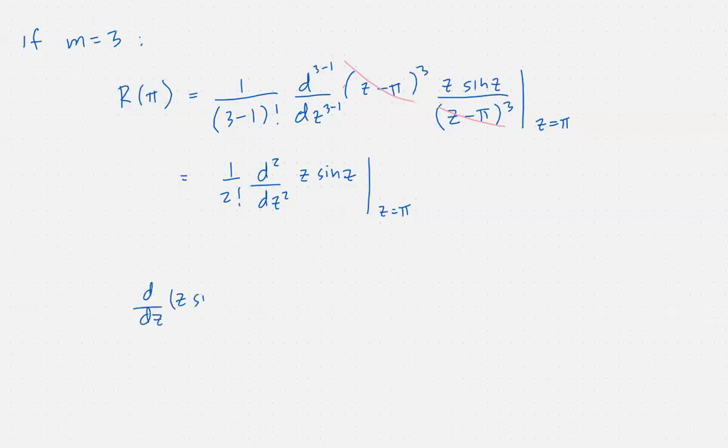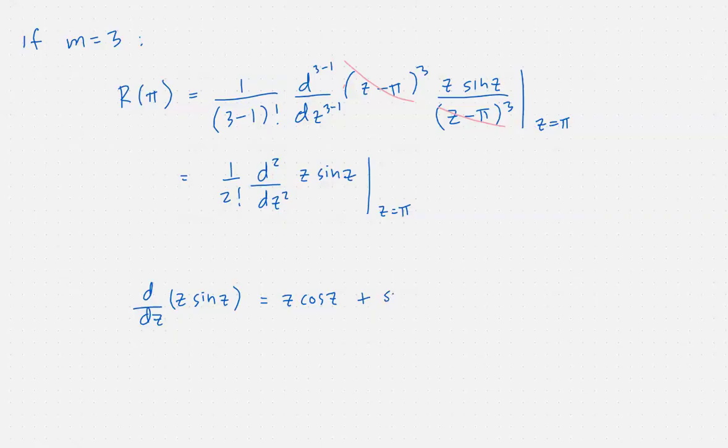We take the first factor as constant and differentiate the other: z times the derivative of sin z, which is cos z, plus the derivative of z, which is 1, and take that times sin z.